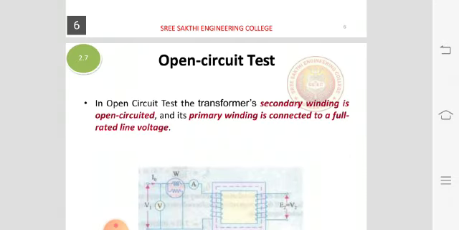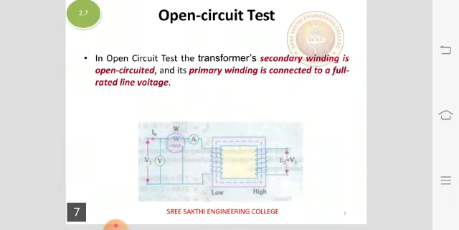So first we will see the open circuit test. Here the diagram represents the open circuit test. In that we have an ammeter and wattmeter for measuring the power, an ammeter for current and a voltmeter for voltage. We are connecting that to the primary of a transformer, and we are going to have the voltage E2 equal to V2 at the secondary winding of the transformer.